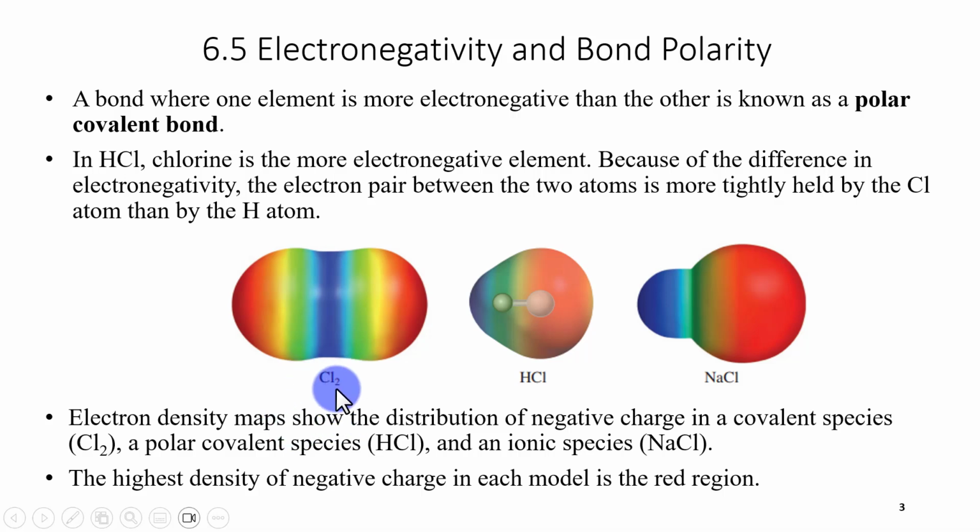Now, if I look to the electronegativity table, I will find that chlorine has a value, I believe it's 3.0 or 3.5.